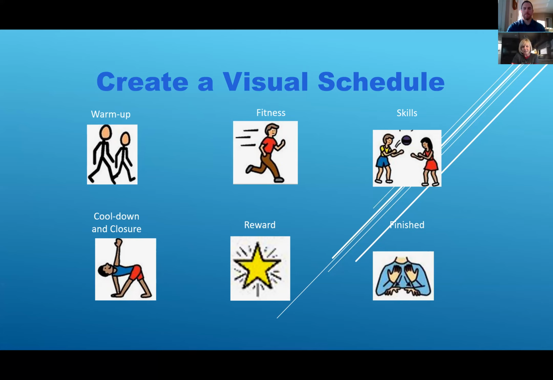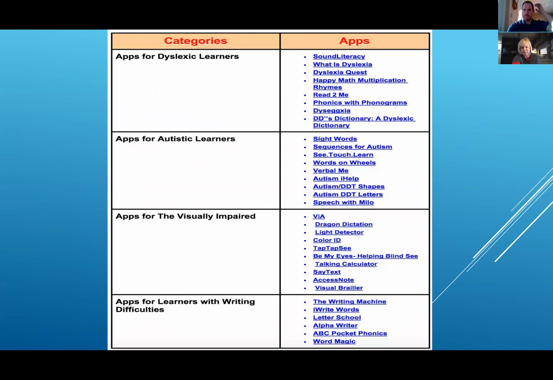I may use sign language in the visual schedule if they sign, but I just wanted to put that in there so I didn't forget to say about the visual schedule. And then I left this on here for those of you that might want to check out some apps that are for specific categories. So you might be able to use some technology that will help with your lesson.